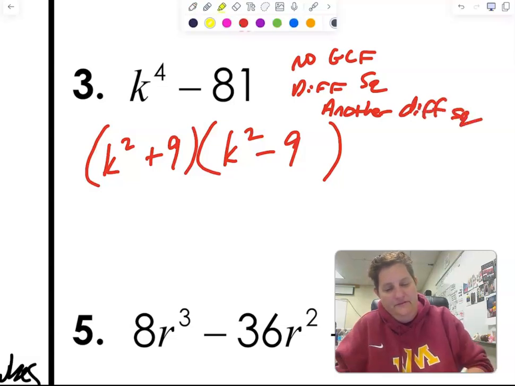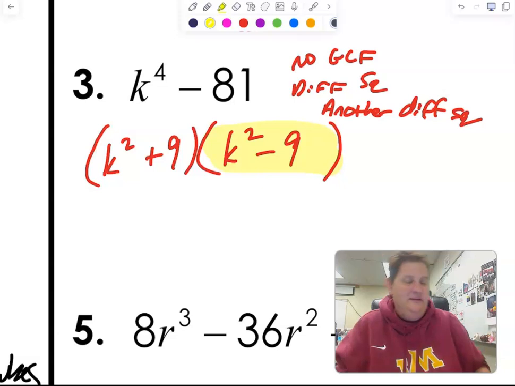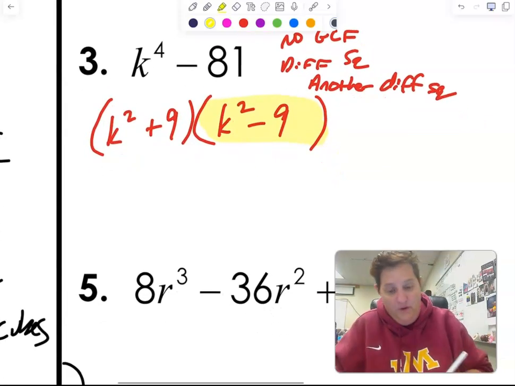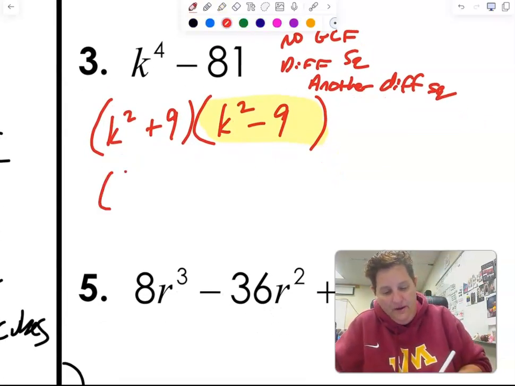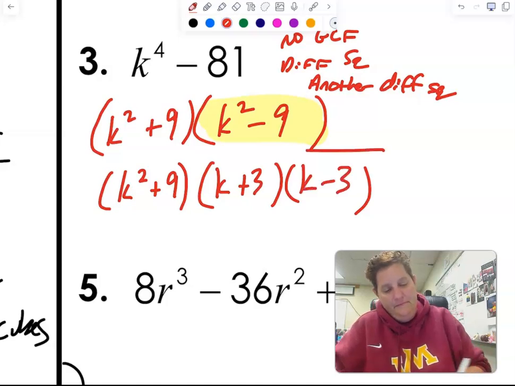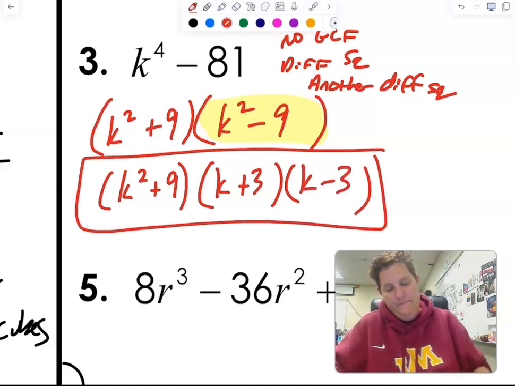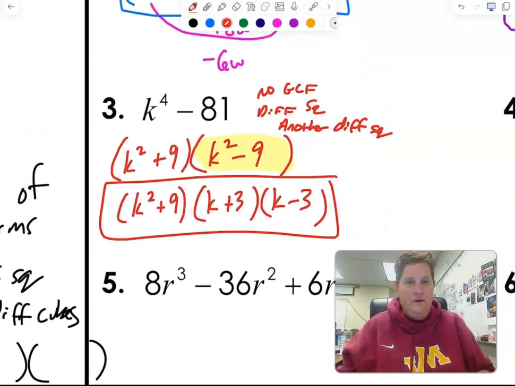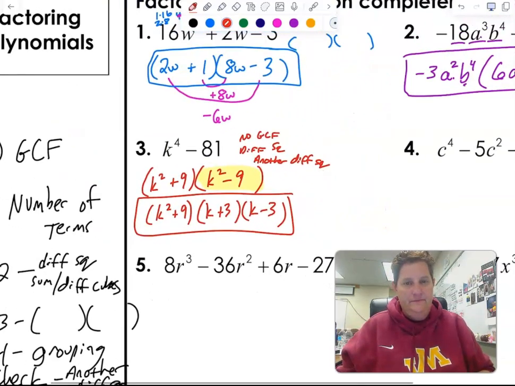There's a few of these on the factoring quiz, and some of you guys missed going one more step. The way it works is the k squared plus 9 stays, but this one factors down. And this is k plus 3, k minus 3. Alright? Okay, perfect. And then I'm done.